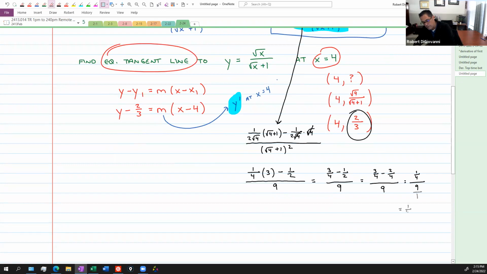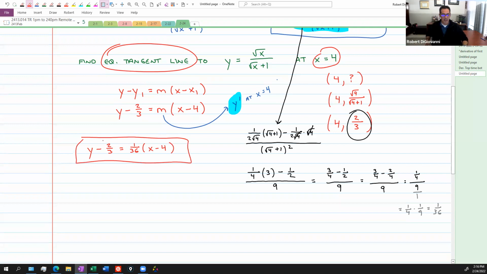This is the same as 1/4 times 1 over 9, which is 1 over 36. That's what m is. So I think I have my equation. Isn't this fun? 1 over 36, x minus 4. That is the equation of the tangent line to this curve at that point.